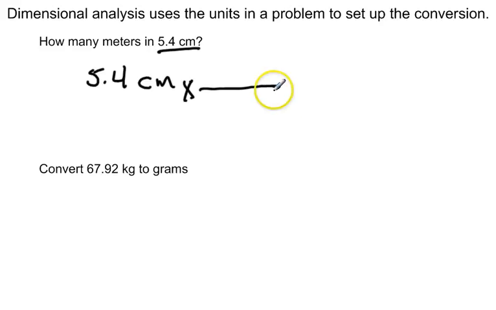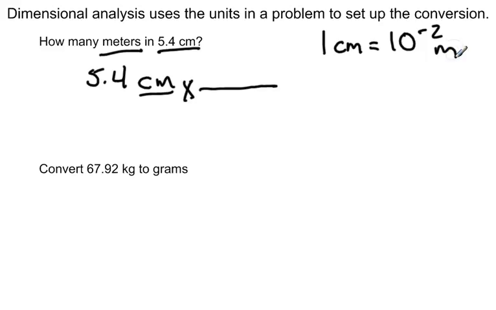Now, the reason why we use a fraction is because we're going to let the units be our guide. We want to get rid of centimeters, and then eventually we want to go to meters. If you look on page 26 of your book, you will find that 1 centimeter equals 10 to the minus 2 meters.